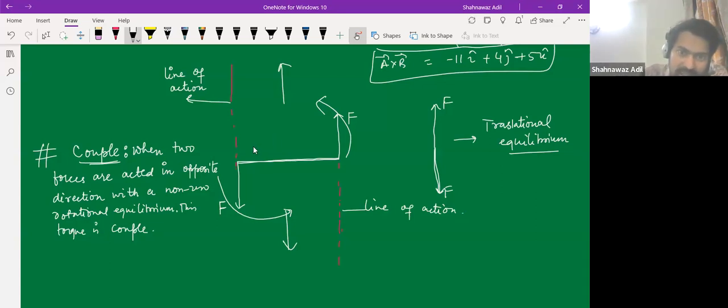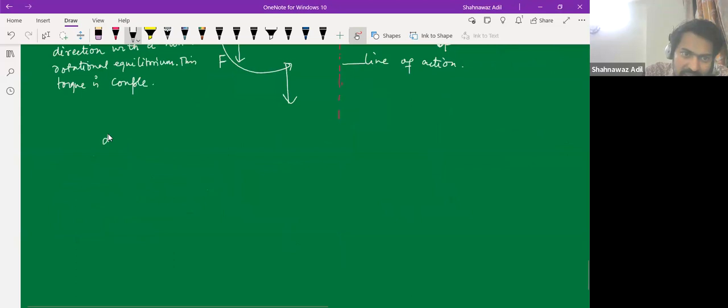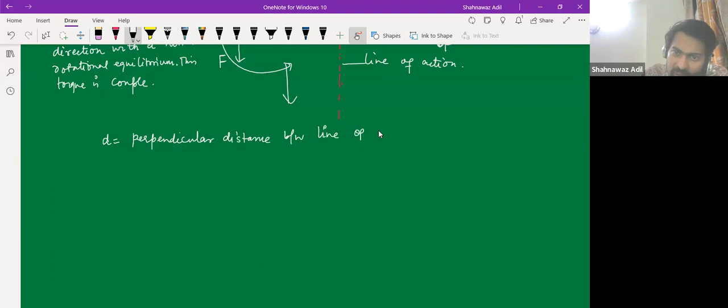So torque is defined as the perpendicular distance between this line of action. So D is the perpendicular distance between the line of action, and F is the force, right.